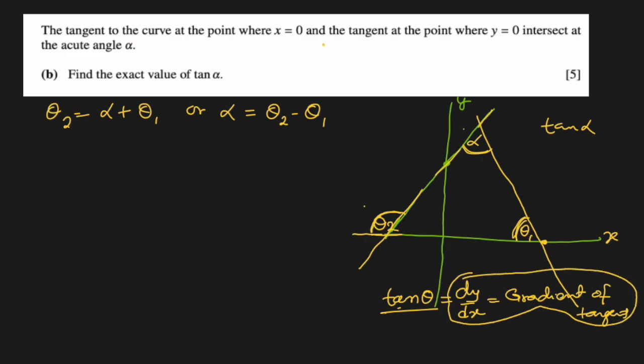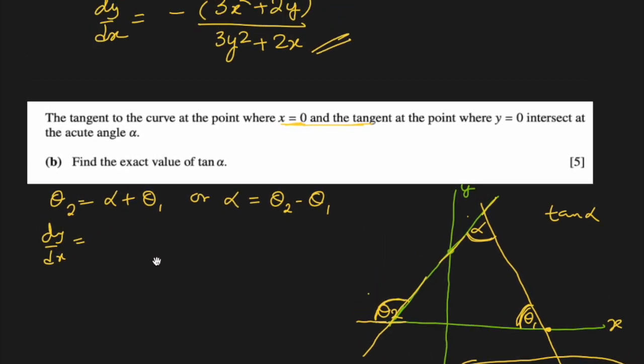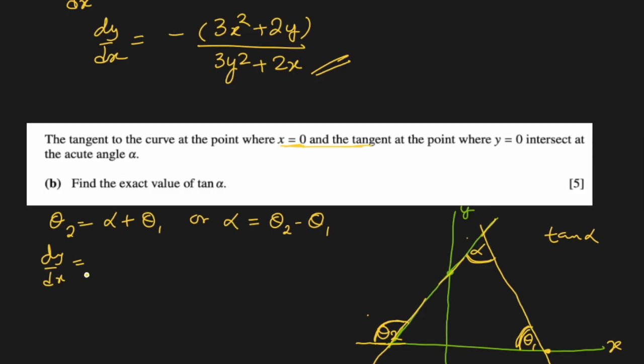So they're saying the tangent at the point where x is equal to 0, we have to find first. We just got dy over dx equal to, what was that, minus 3x square plus 2y over 3y square plus 2x.